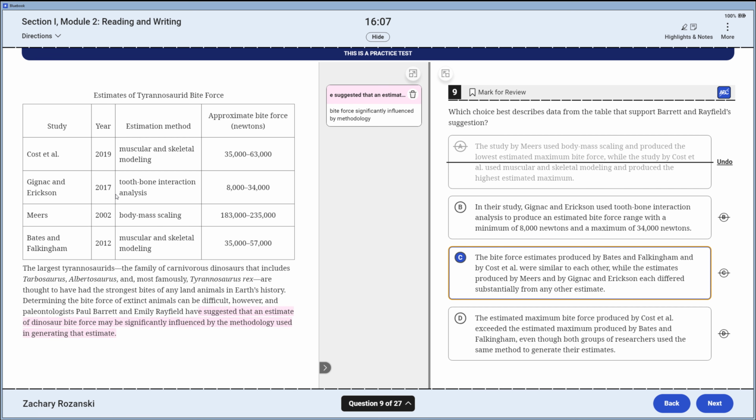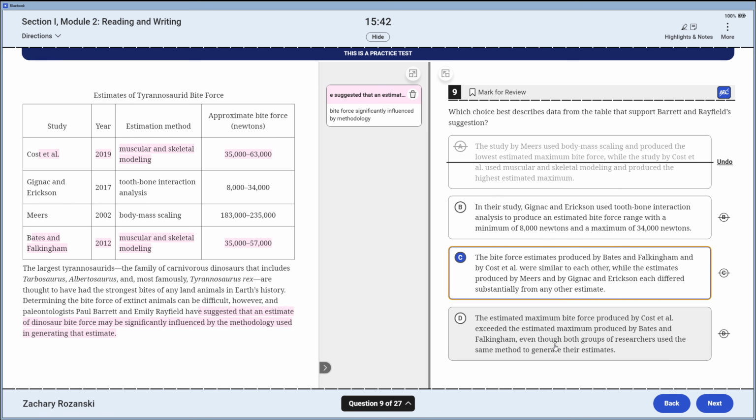But we'll move on. The bite force estimates by Bates and Falkenhand and Costandall were similar. True, and it's the same methodology, so that seems to be a good start. While the estimates produced by Mears each differed substantially from the other. That supports everything. The estimated bite force produced by Costandall exceeded the estimated bite force by Bates.